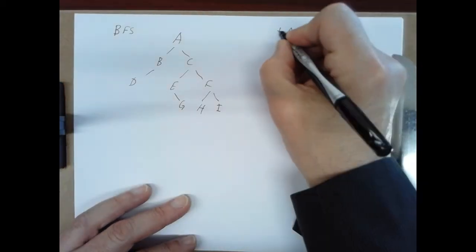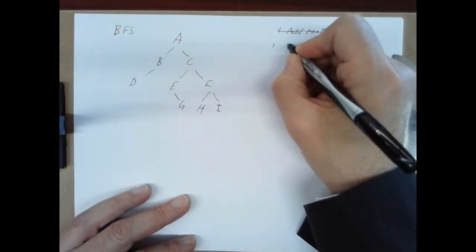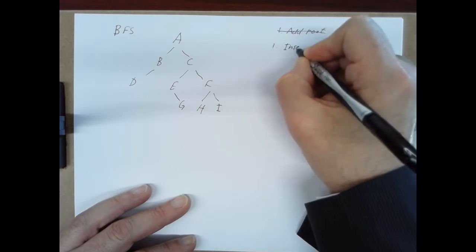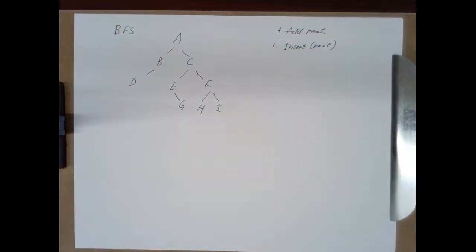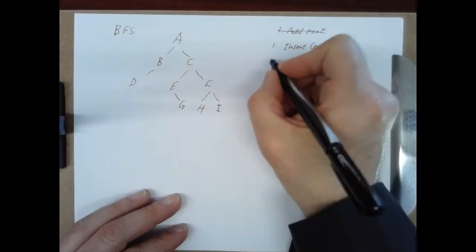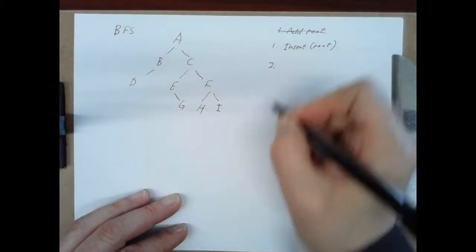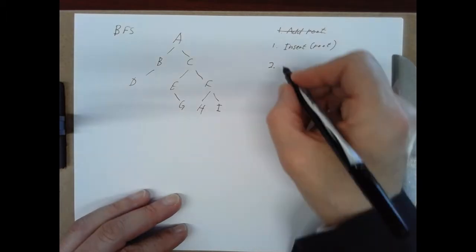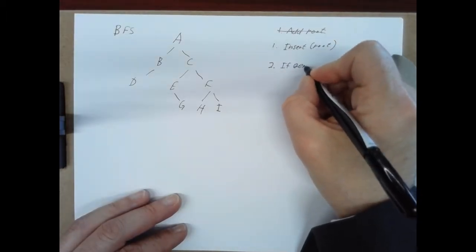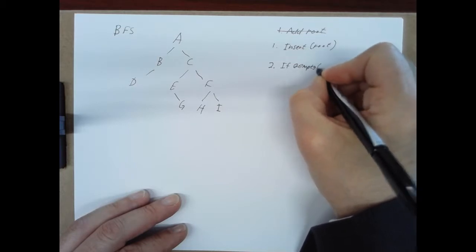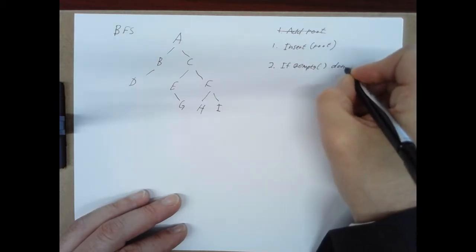Let me write this with code. So insert the root. And then we're going to begin an iterative process. If the queue is empty, then we're done.